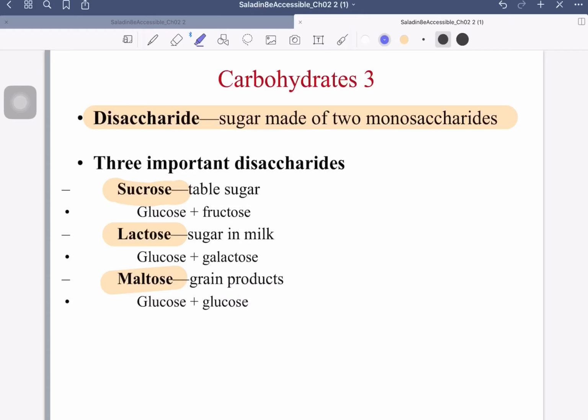Sucrose is basically a glucose and a fructose, whereas lactose is a glucose and a galactose. So those are two different monomers that have combined to become the disaccharide. And maltose is a glucose plus a glucose. So all these are sugars because they end in "ose," but these disaccharides have different combinations of the monosaccharide sugars.